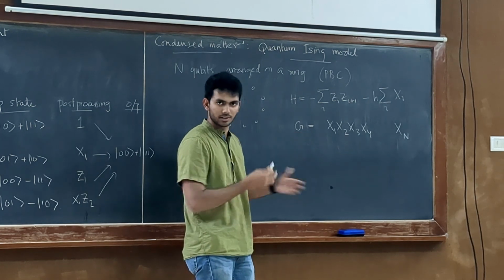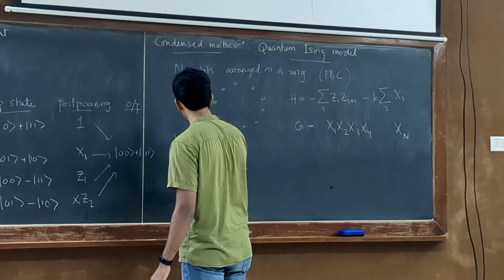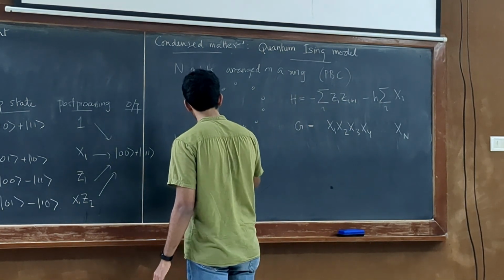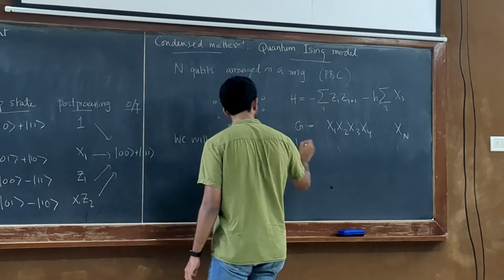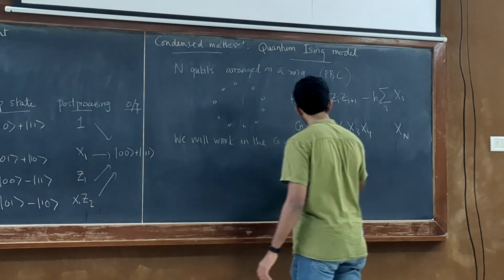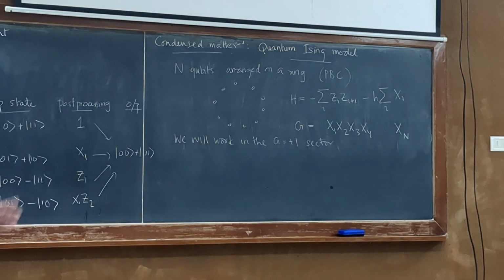Plus 1 or minus 1, because it's just products of all your operators. So we will ignore any states in our Hilbert space which has G equal to minus 1, and we will simply work in this sector. So is that clear to everyone? I can remind you where the quantum mechanics idea comes from.